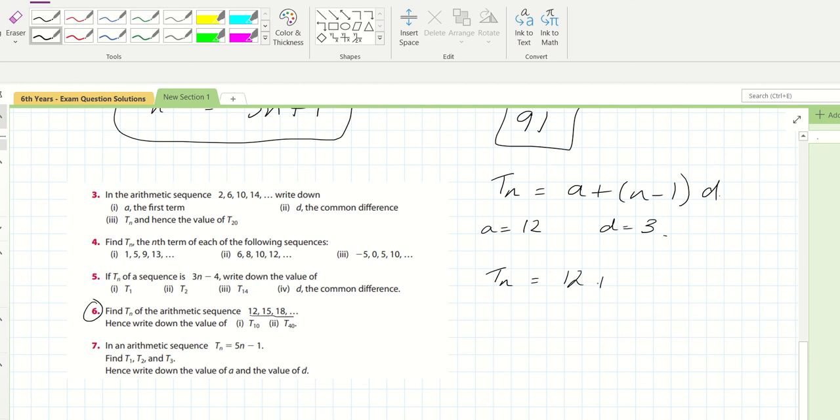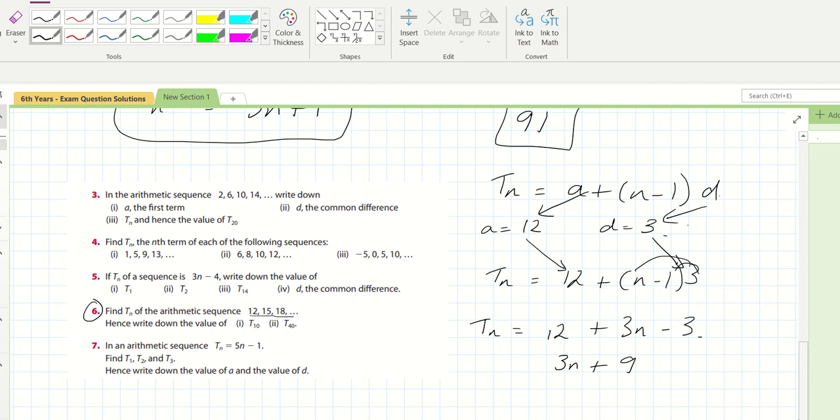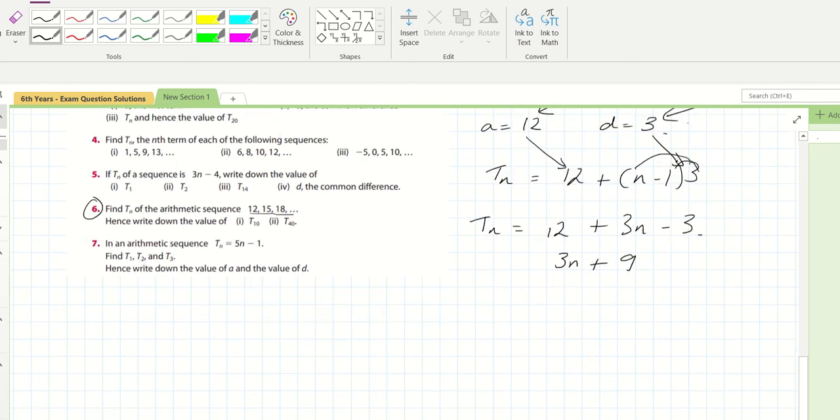So I say 12 plus n minus 1 times 3, because my A is 12 and my D is 3. So this is going to give me 12 plus, multiplying this way, 3n minus 3. So I'm just going to group my like terms. So 3n and 12 minus 3 is going to give me plus 9.